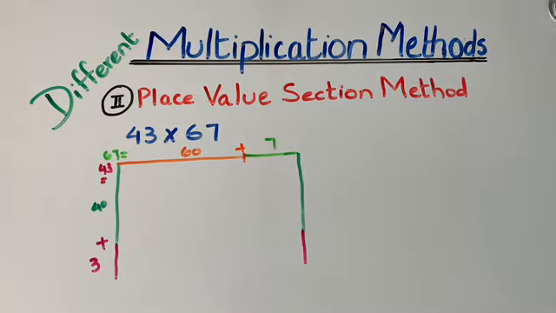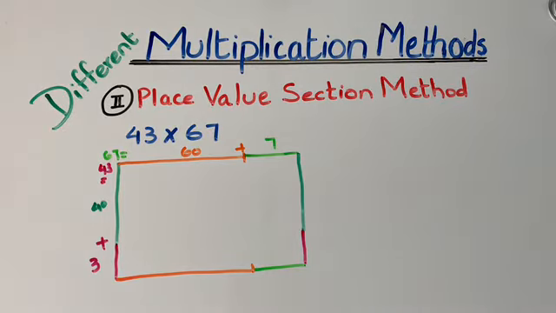Now I'm gonna make another line, and this part will show the width. Here we have 60, and then we have 7 ones.